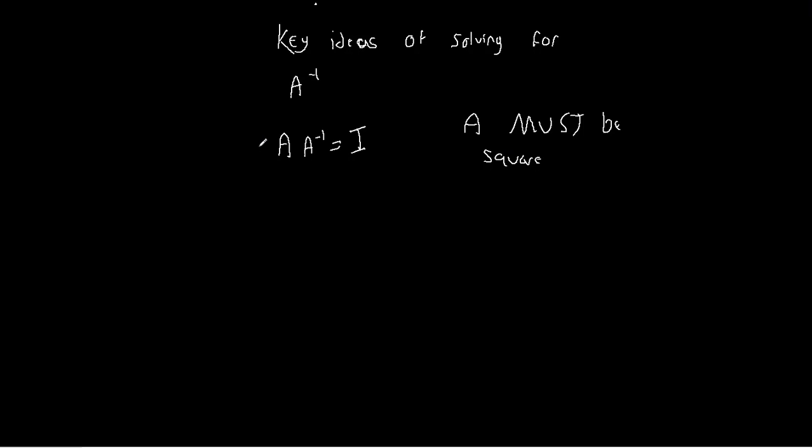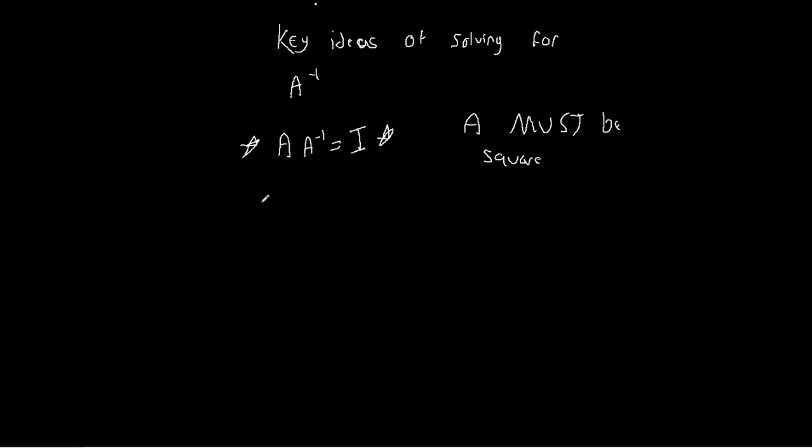Okay, so this is our golden equation here: a matrix times its inverse gives us the identity matrix. So to approach these problems, we're going to do three things.